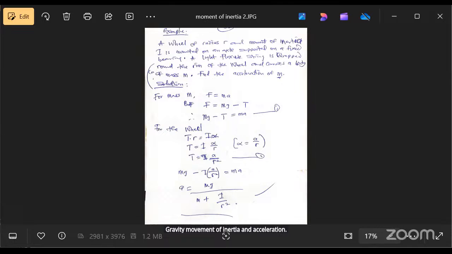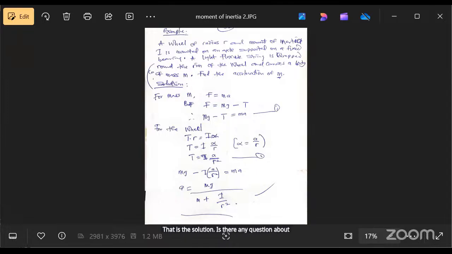Then you can make acceleration the subject of formula. Then you have that expression for the acceleration of a body of a mass that is attached to a wheel. That is the solution.